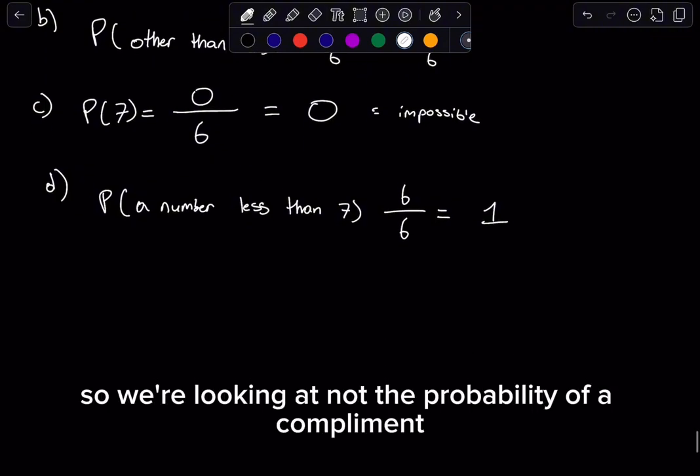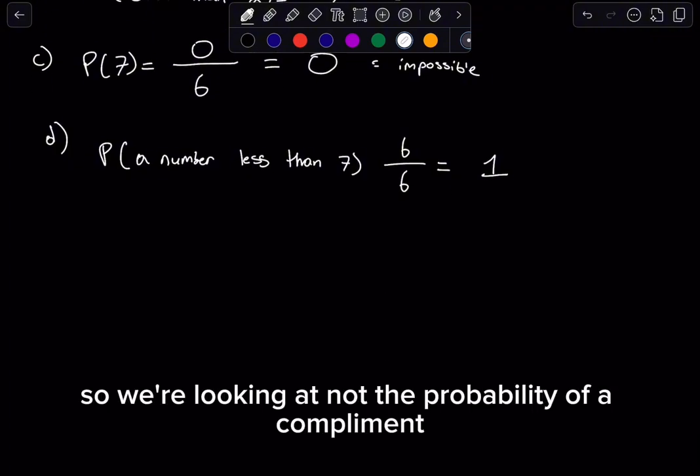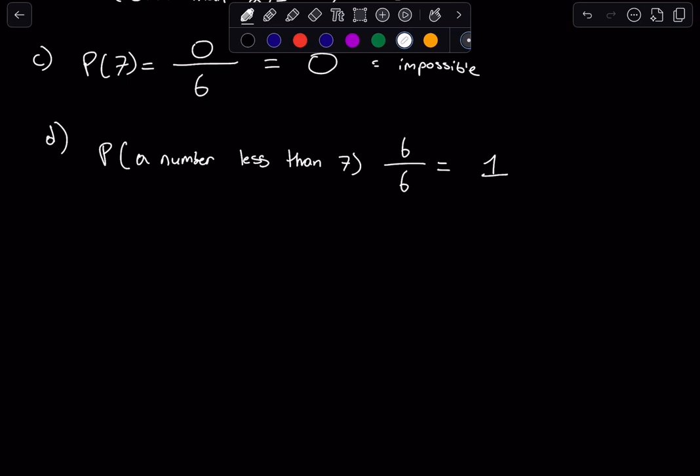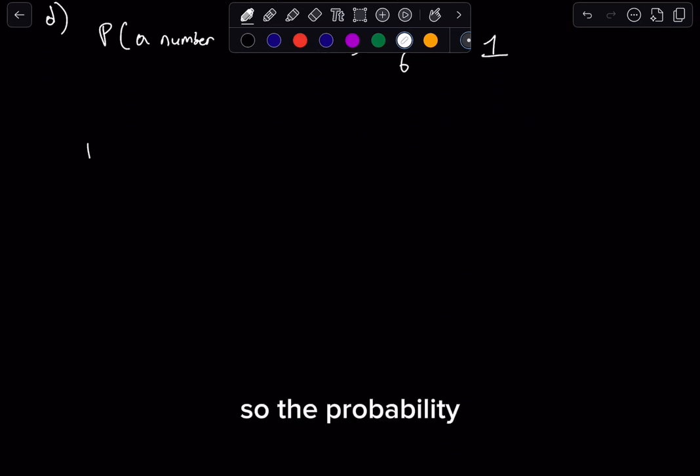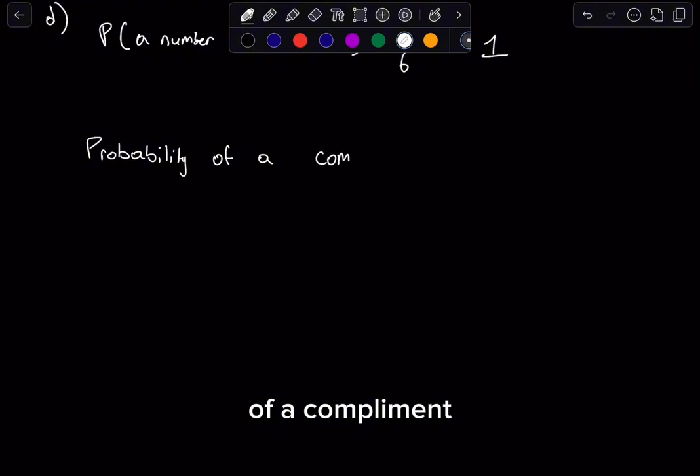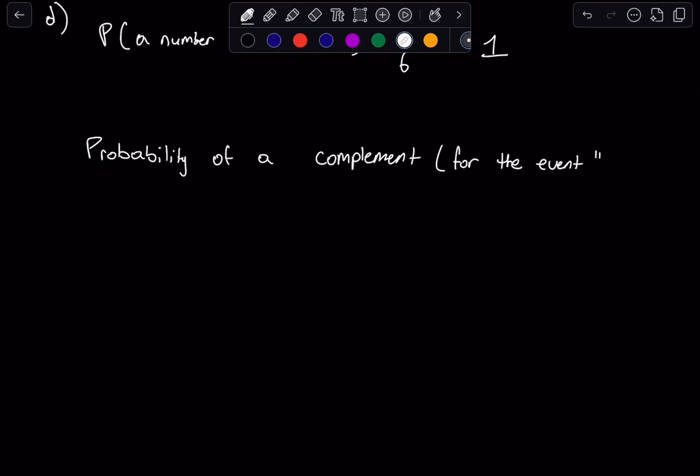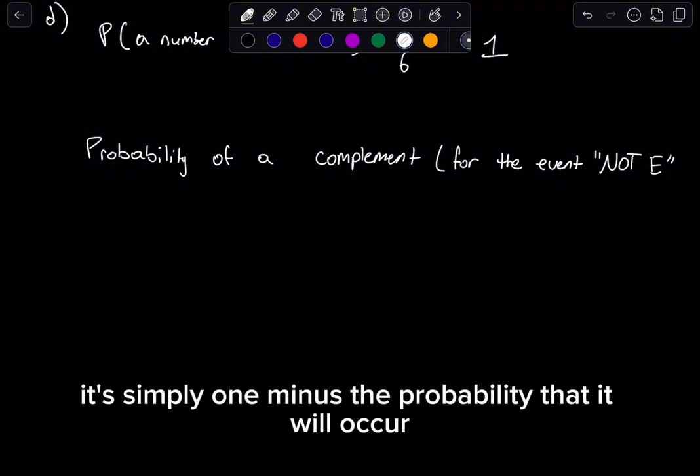So when we're looking at not, the probability of a complement, for the event not E, will be as follows. It's simply 1 minus the probability that it will occur.